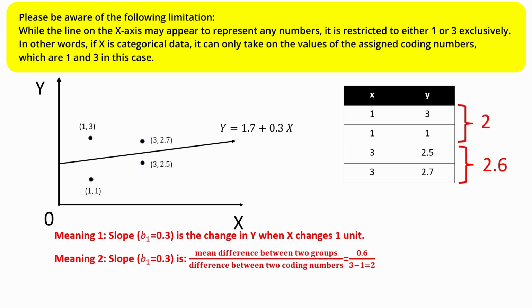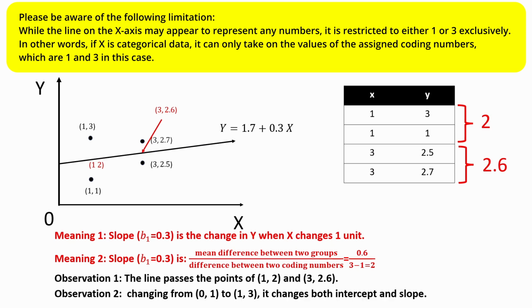So there's another layer of meaning, namely that the slope is the ratio of the mean difference divided by the difference between these two coding numbers. And again, one observation is that it passes through the 2 points, 1, 2, and 3, 2.6.